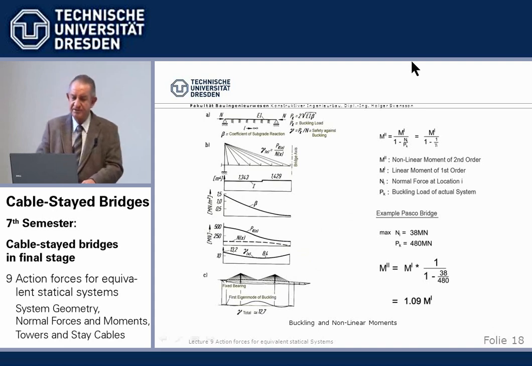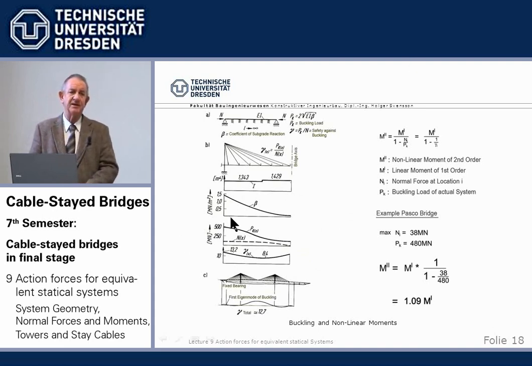I mentioned we have the problem of buckling. Now, how can we calculate the buckling of a beam of a cable-stayed bridge? By hand, that's what I'm talking about. Well, we go at the basic beam on elastic foundation under compression. Then the buckling load is the square root of the stiffness times the elastic support.